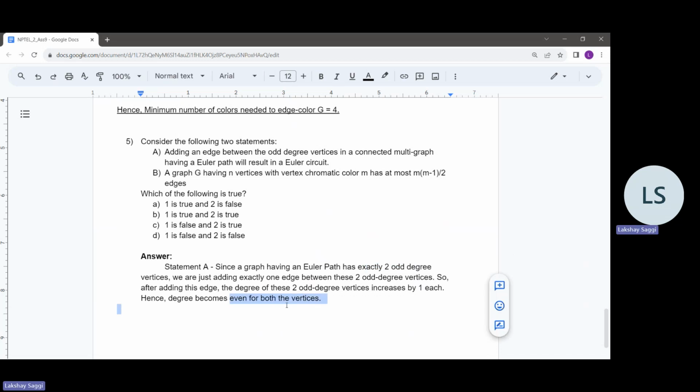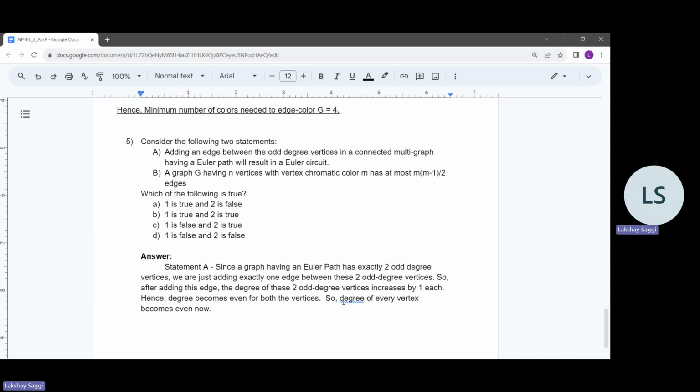So now in the updated graph after adding the edge, the degree of every vertex has become even, because these were the only two odd degree vertices, and these two also now have even degree.